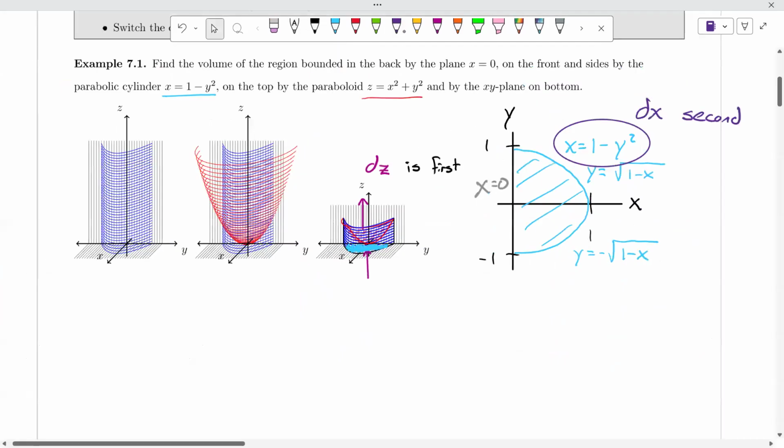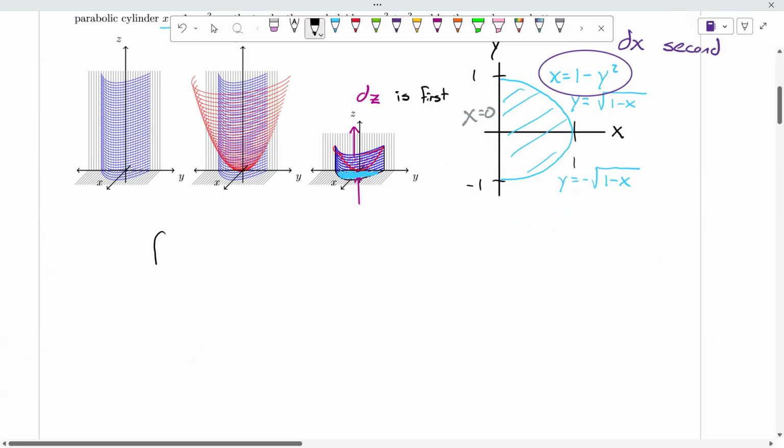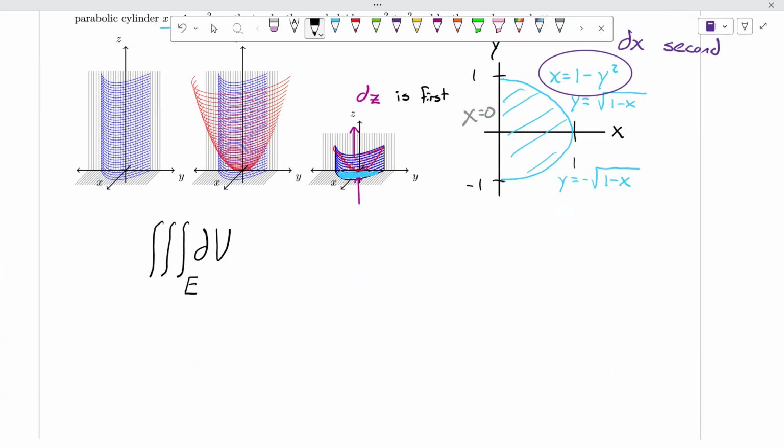All right, so hopefully you agree with the order I picked. Because now we just have to go and actually do that triple integral. So I need the triple integral of just dV over our solid, because that's what the volume will be equal to. And that's going to look like the triple integral of, we decided on dz, and then dx, and then dy.